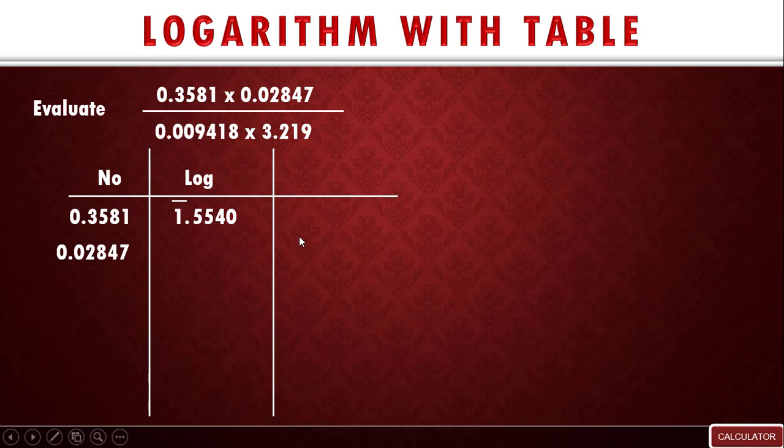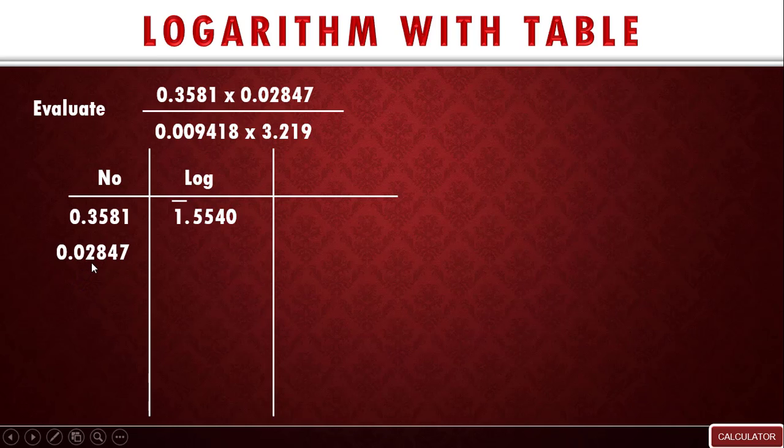The next thing to do is to determine the log of this. If you look at this number, it is less than 1, so finding the log of this one using a calculator will also give a wrong answer. We only need a workaround. So determine your characteristic. The characteristic here will be bar 2. How do I know that?